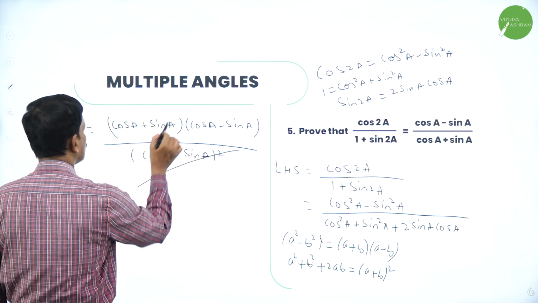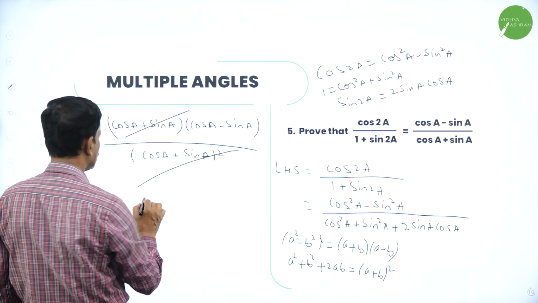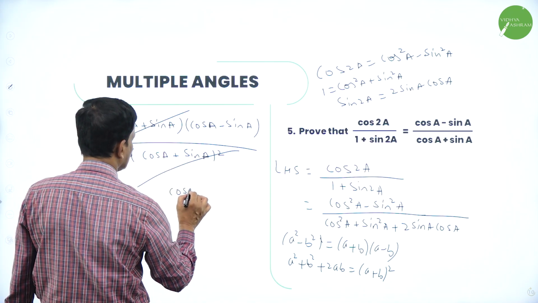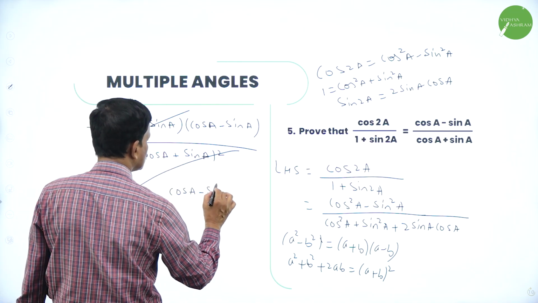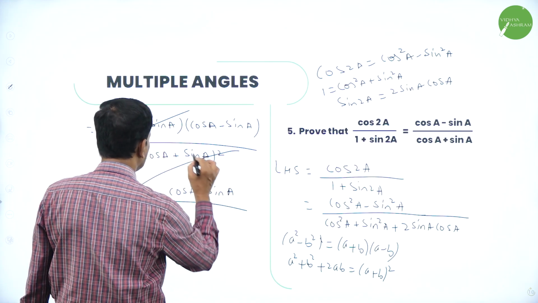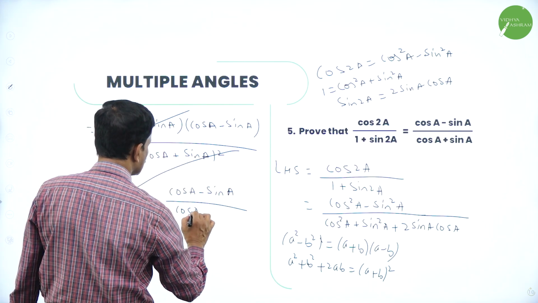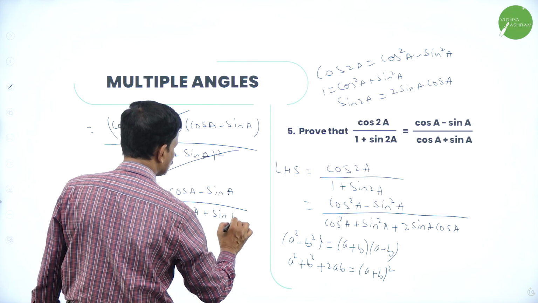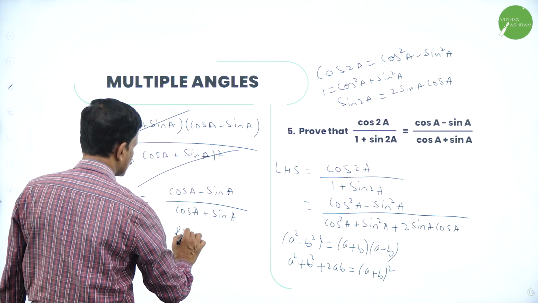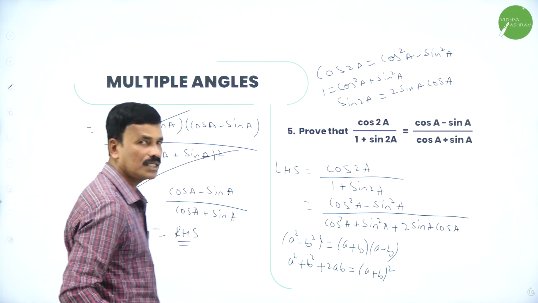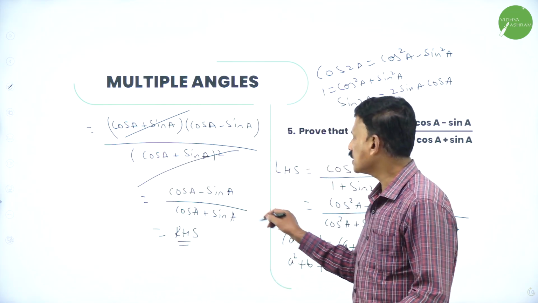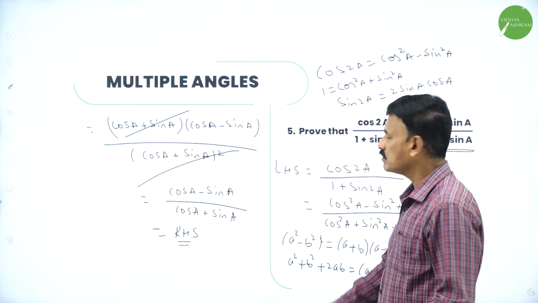So one cos a plus sin a in the numerator gets cancelled. While in the numerator we have cos a minus sin a divided by one more term is there, that is cos a plus sin a, which is the required RHS. That's it. So cos a minus sin a divided by cos a plus sin a, which is the required RHS.